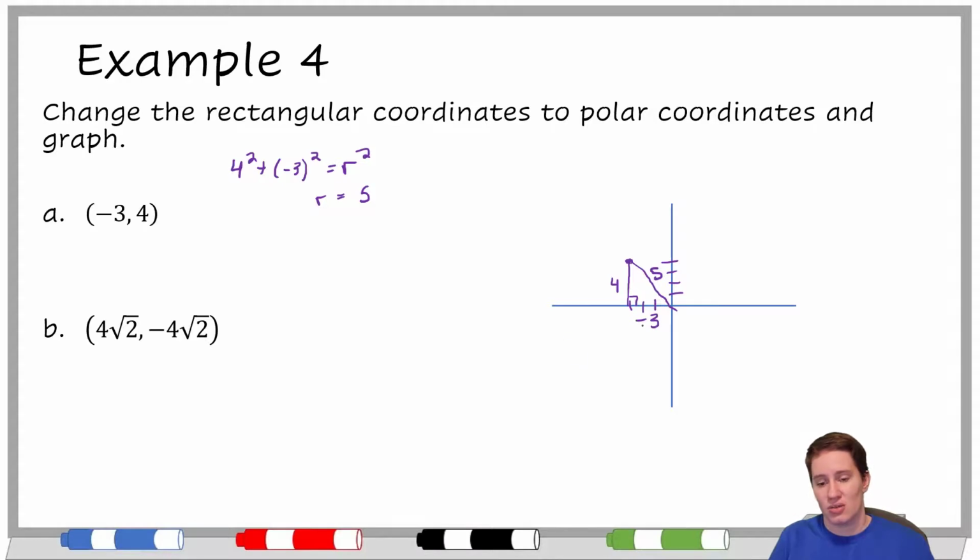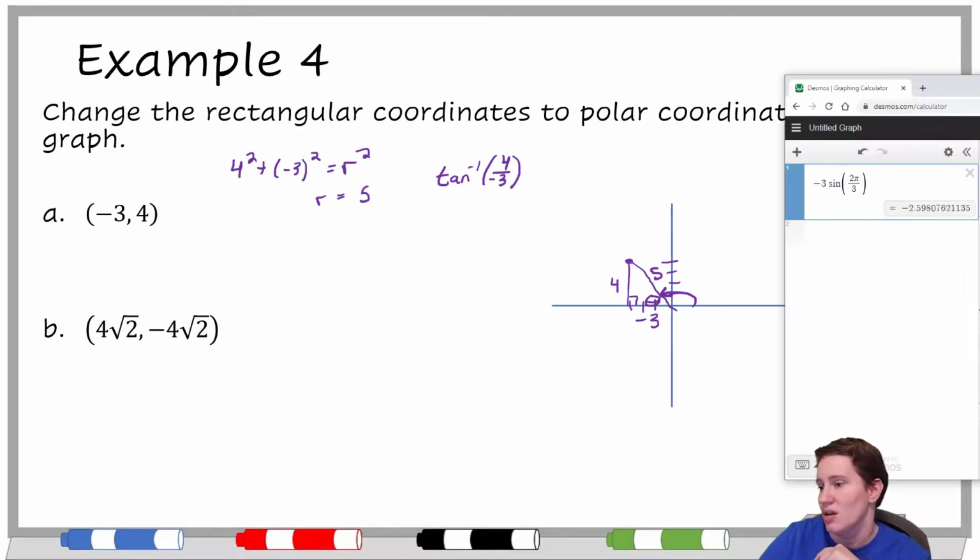So that's our hypotenuse. And then to find the angle that gets around to here, we actually need to find this angle. So this is one of those tricky conceptual things. I need to use inverse tangent to find this. And if you do inverse tangent of 4 over -3, I'm going to switch to degree mode because I think having it in radians actually just makes it that much harder.